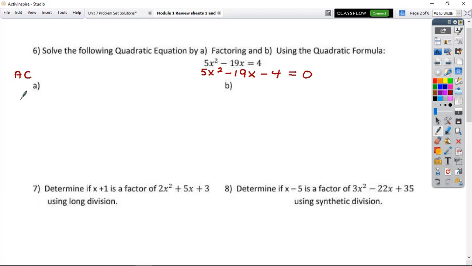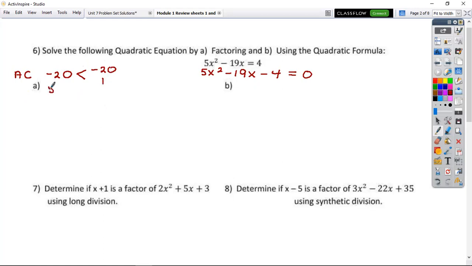And let's start. So 5 times -4 would give me -20. And then what numbers multiplied to -20 that add in the middle to -19? Yep. Perfect. -20, +1. Awesome. Now you're going to put those back in.